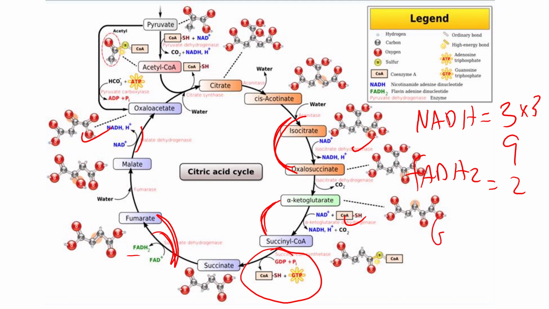So GTP makes ATP at the substrate level in the Krebs cycle. That's 1. So 9 plus 2 plus 1 is 12. We make a total of 12 ATPs from the Krebs cycle.